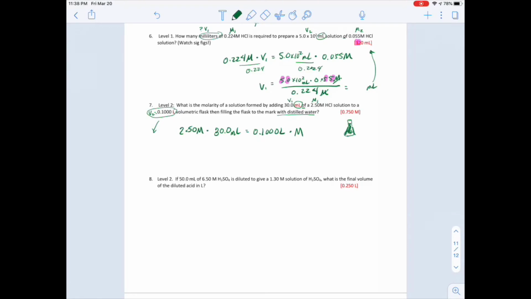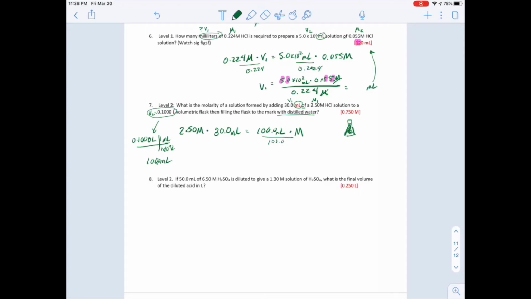You may be able to do this in your head, and if you can, that's awesome. If you can't, it's the liters times 1 times 10 to the minus 3rd liters in 1 milliliter. That's going to give you 100 milliliters. Actually, 100.0 milliliters. So I need to change this number and make it 100.0 milliliters. Now I should be good.